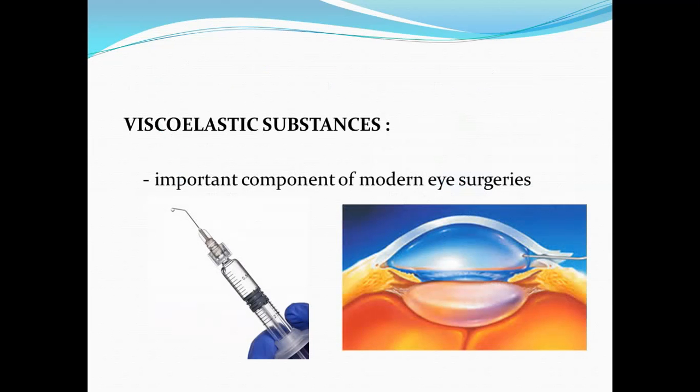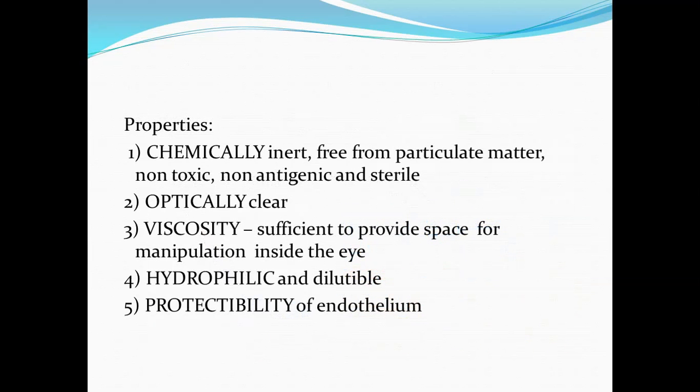Next, we'll be talking about viscoelastic substances, which are an important component of modern eye surgeries. What are the properties of viscoelastic substances? They should be chemically inert, free from any particulate matter, non-toxic, non-antigenic, and sterile.